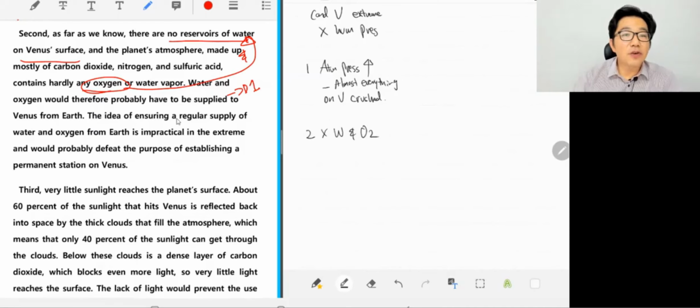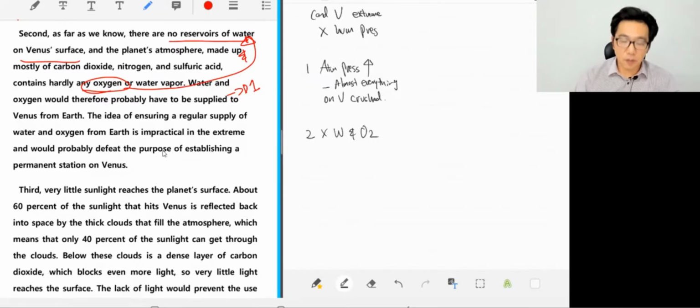The idea of ensuring regular supply of water and oxygen from Earth is impractical in the most extreme cases. It just won't work. How can we regularly ship water and oxygen so that we can survive there? It sounds very impractical, right? And it would therefore defeat the purpose of establishing a permanent station on Venus. What's the point of living there if we cannot survive without water and oxygen on Venus surface?